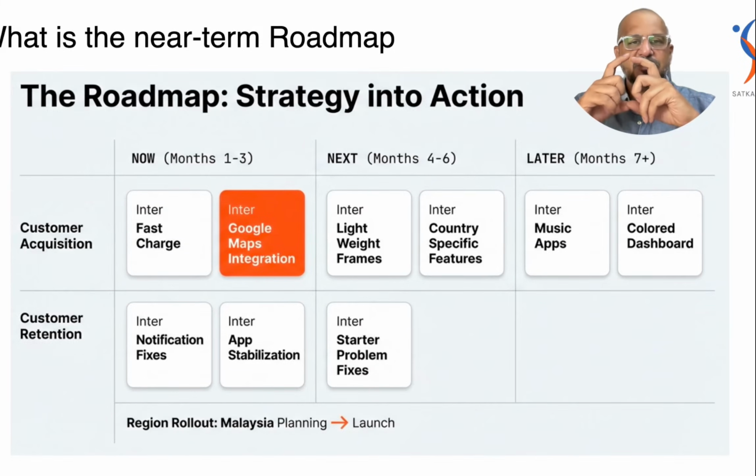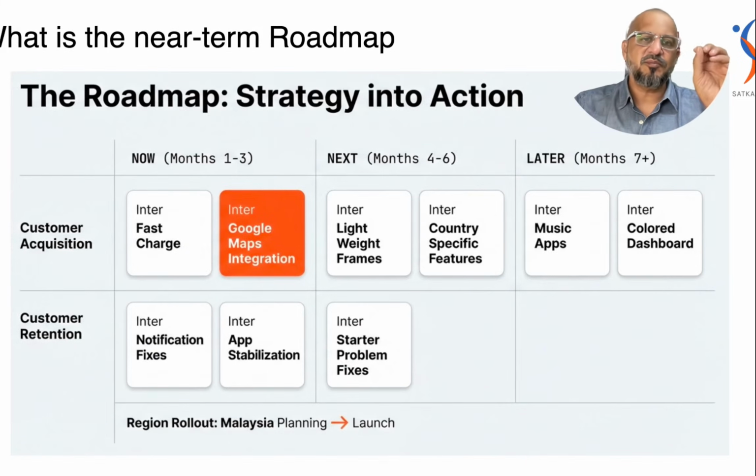So where does this Google Map fit? It fits in my customer acquisition bucket. Do I need to do it now? Yes, there is enough evidence that you need to do it now. So I'm going to put it on my roadmap for now.